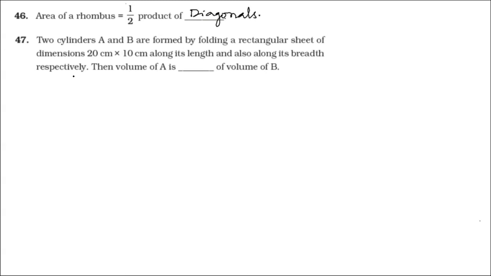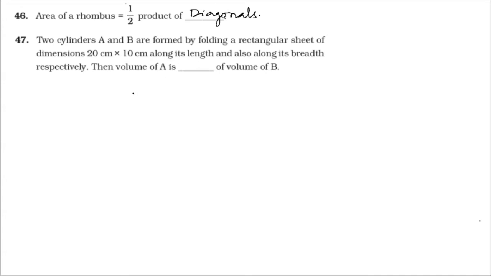Question number 47. Two cylinders A and B are joined by folding a rectangular sheet of dimension 10 into 20 centimeter along its length and also along its breadth respectively.